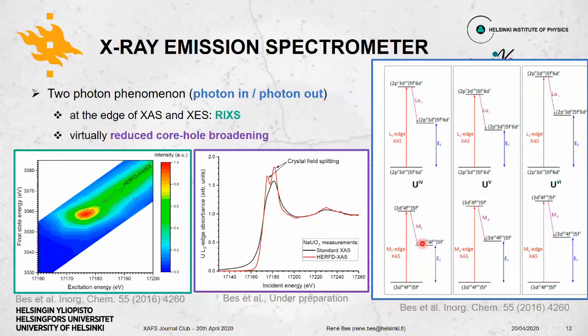Of course, if you use an emission spectrometer, you are not exactly in the X-ray absorption regime. We are in the so-called photon-in, photon-out regime, which is a two-photon phenomenon, and which is something in between X-ray absorption and X-ray emission, mainly resonant inelastic X-ray scattering.